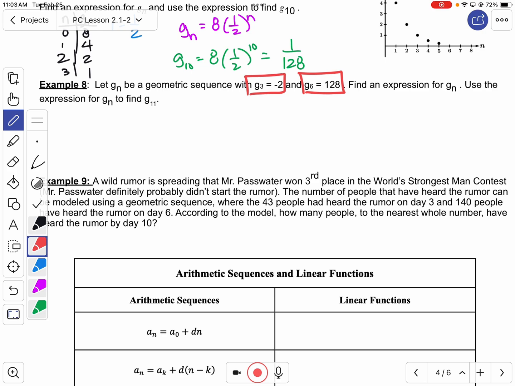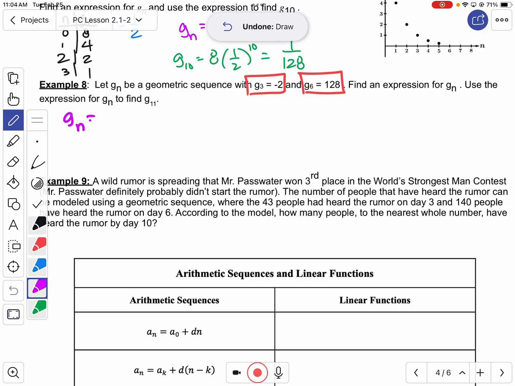So let's start with this. Let's use our G to the 6th term. You could have started with a G to the 3. It doesn't matter. Let's do it this way.